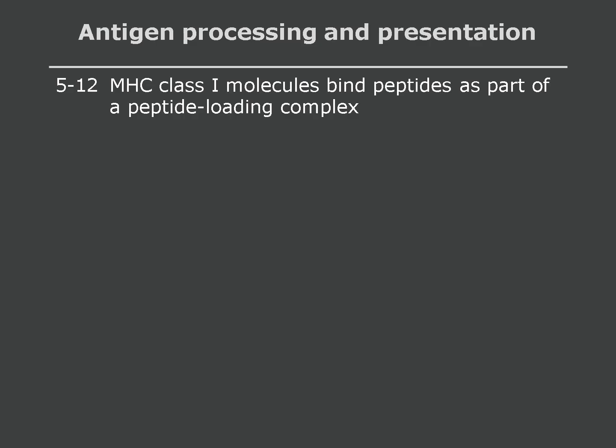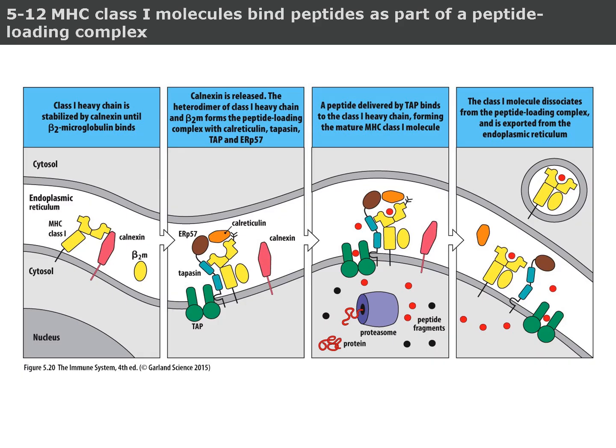MHC class I molecules bind peptides as part of a peptide loading complex. This slide shows the step-by-step process of how MHC class I molecules are loaded with peptides inside the endoplasmic reticulum. In the first panel, the MHC class I heavy chain is stabilized by a protein called calnexin.